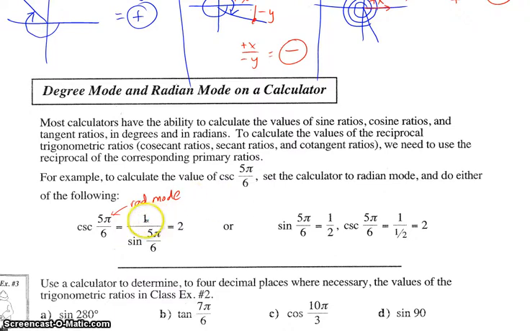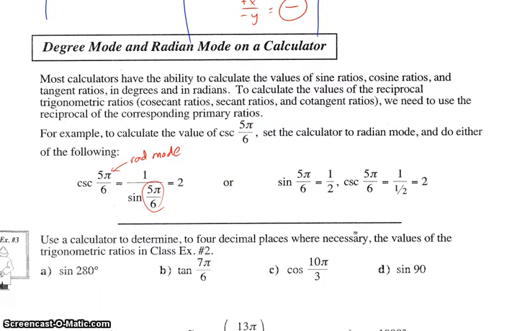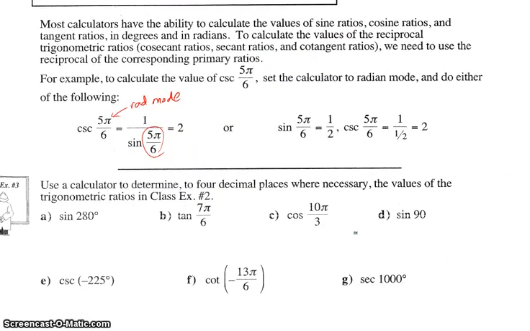So you would simply go on the calculator 1 divided by the sine of 5 pi over 6. Never flip this angle inside the trig function. Never, ever, ever. Cosecant is 1 over sine, not 6 over 5 pi or something. That's ridiculous.